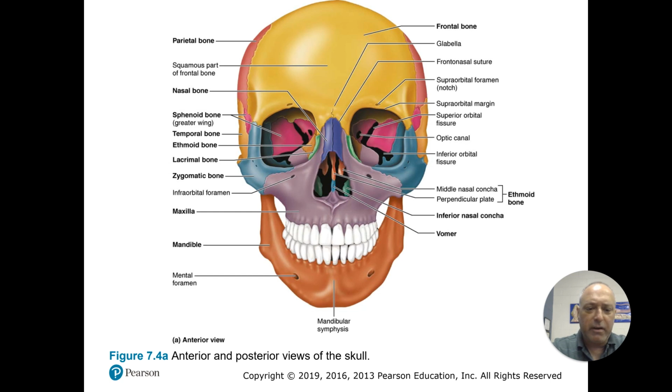Below that, we've got our inferior nasal concha and our vomer. Okay, the maxilla is this fused bone, the top of the jaw, the mandible, the lower part. The mandible is also fused via the mandibular symphysis, very, very strong joint.